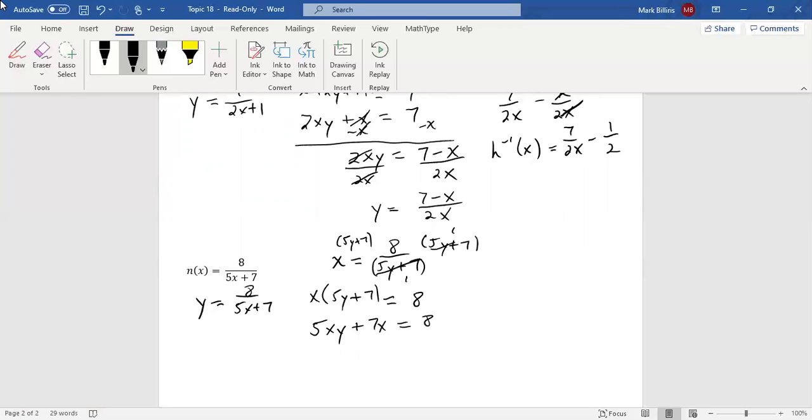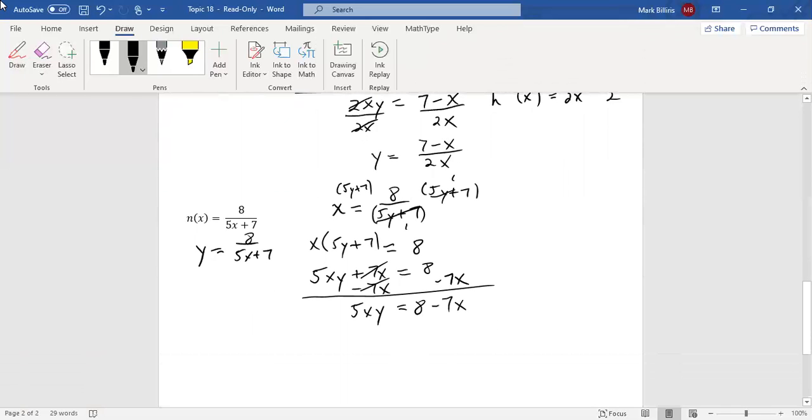Isolate, so I want the term that has the y factor to be by itself. So I'm going to subtract 7x from both sides. This gives me 5xy equals 8 minus 7x. And then I'm going to divide by 5x.